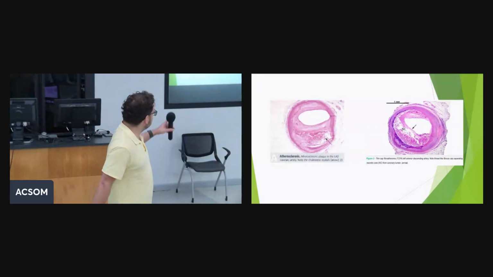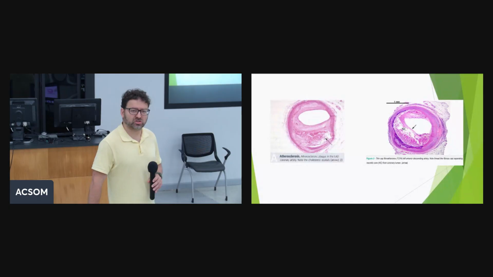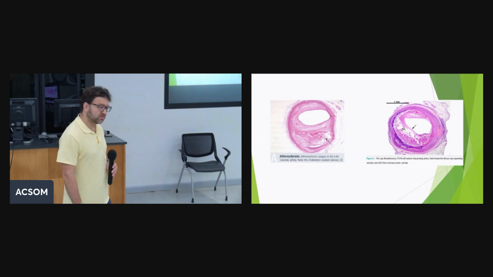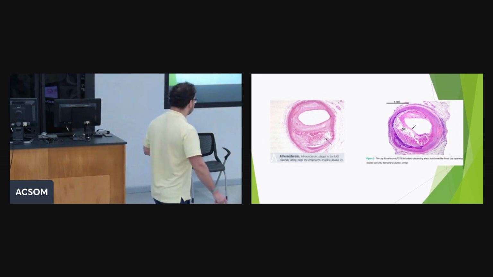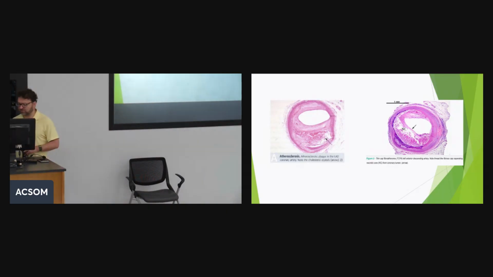How does that plaque present? Stable angina. Exertional chest pain. The one on the right, if it ruptures, is what we're referring to as acute coronary syndrome.